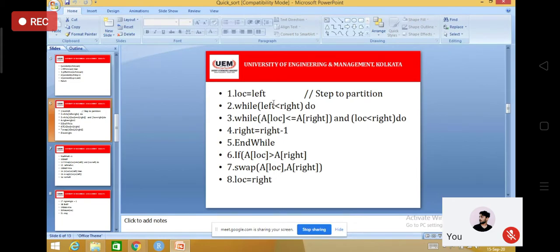What do you need to check? For a pivot, all the elements to the left of the pivot should be smaller, and all the elements to the right of the pivot should be greater.